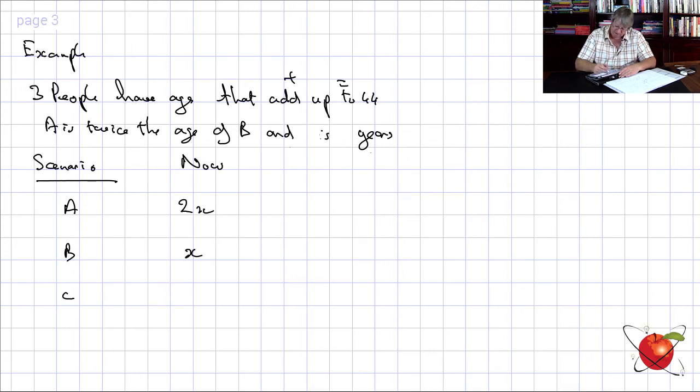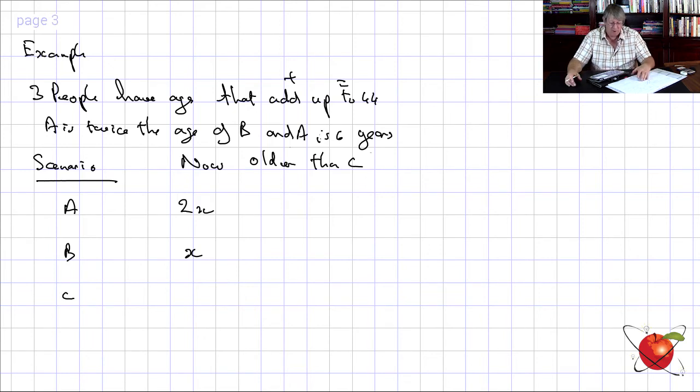A is 6 years older than C, all right? Which means, how old is C? C must be 2x minus 6, right?